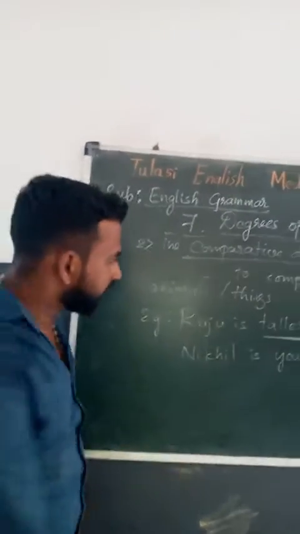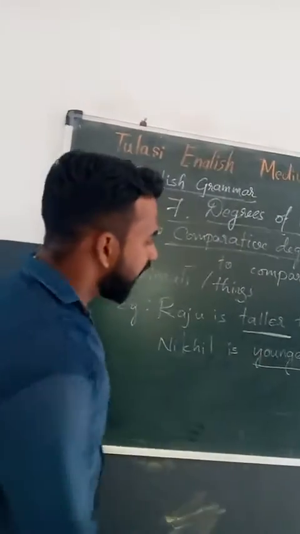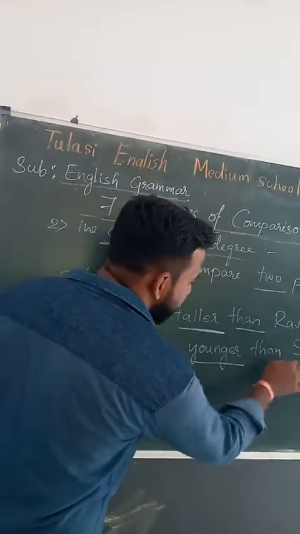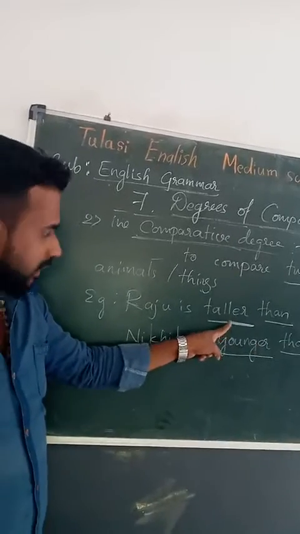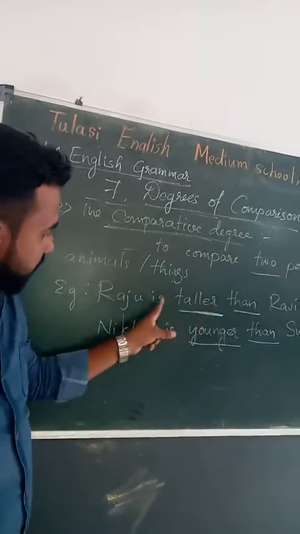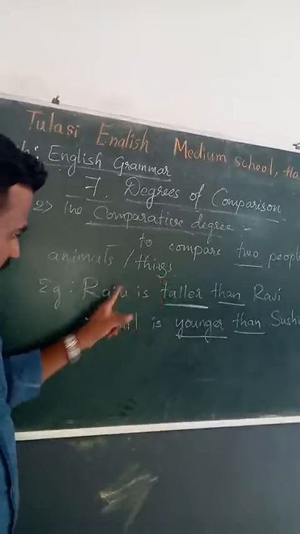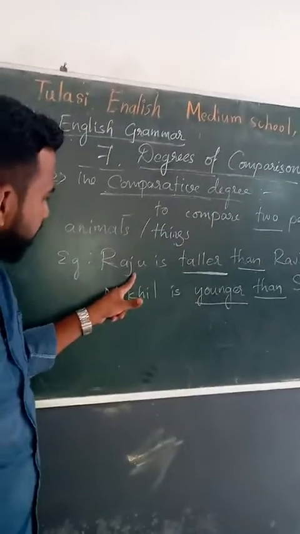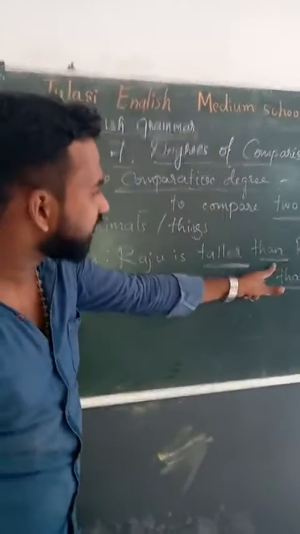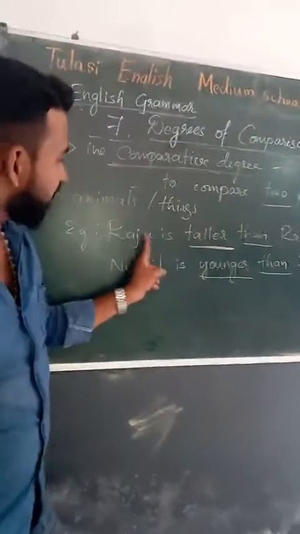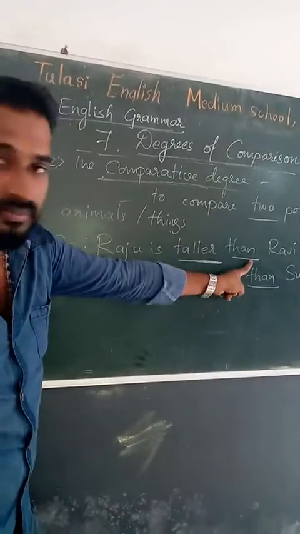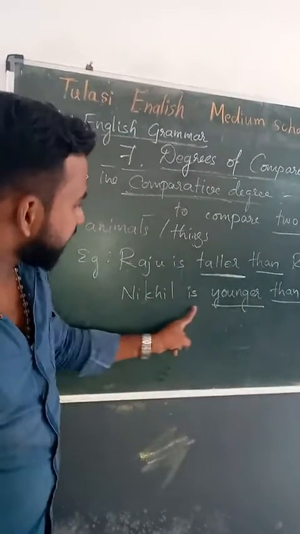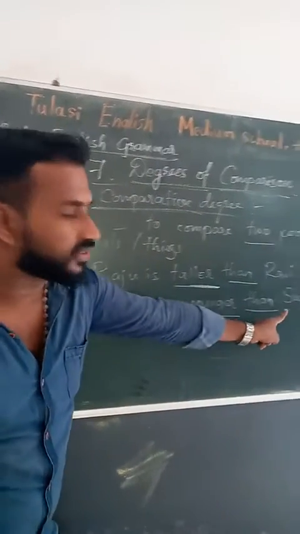Here younger, and very important, that must be used in the comparative degree. When we compare with another person or animal or thing, here Raju is taller than Ravi. We can't say Raju is taller Ravi. We have to use this. It's must and should. See, Nikhil is younger than Sushil.